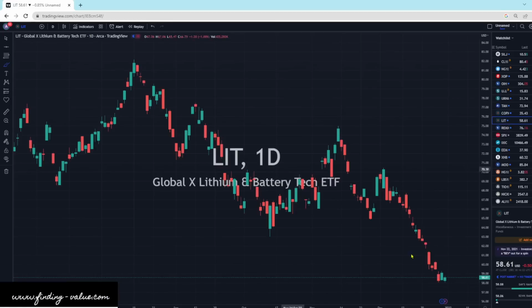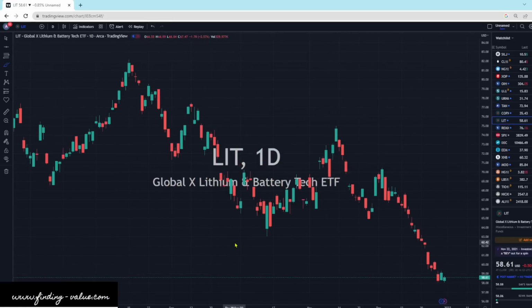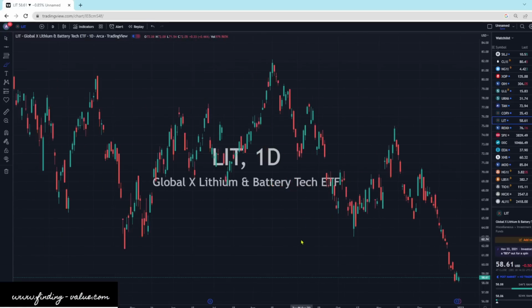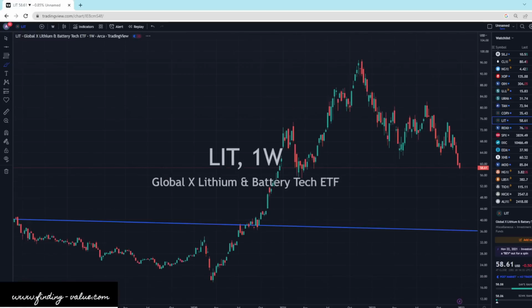Looking at lithium, lithium's trying to put together a little rally. It's weak right now. There's no real large reversal candlestick pattern or anything yet. This thing looks pretty ugly when you back out for lithium. It does look like we could continue lower in the short term. Could this be like an A, B, C correction?